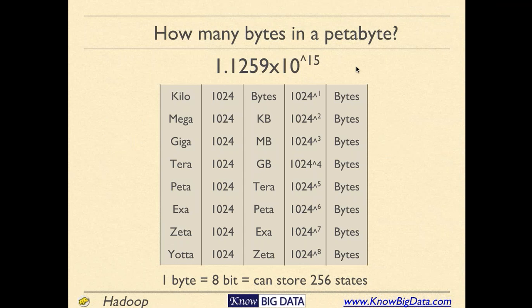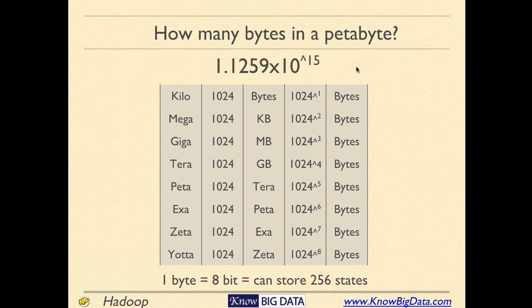So the quick answer is it's around 10 to the power 15 bytes. And the way you remember is kilo, mega, giga, terabyte, and so on. Kilo is 1024 bytes, and mega is 1024 kilobytes, and so on. The important part to understand is, what is a byte? A byte is an array of 8 bits.